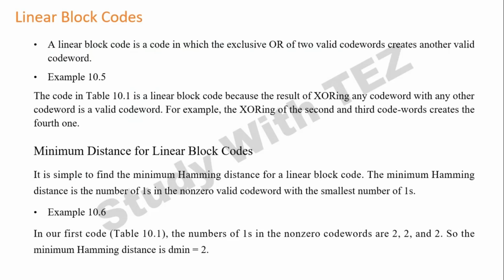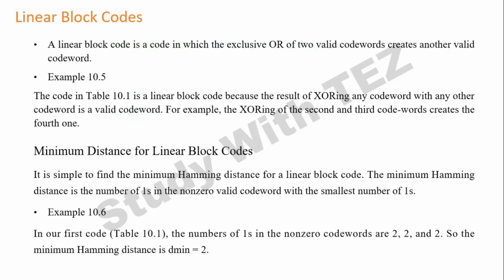Linear block codes. This is a code in which the exclusive OR of two valid code words will create another valid code word. Suppose in our previous example 000 and 011 are the two valid code words; the XOR operation between them will again produce another valid code word only. This is the basic logic with linear block codes.